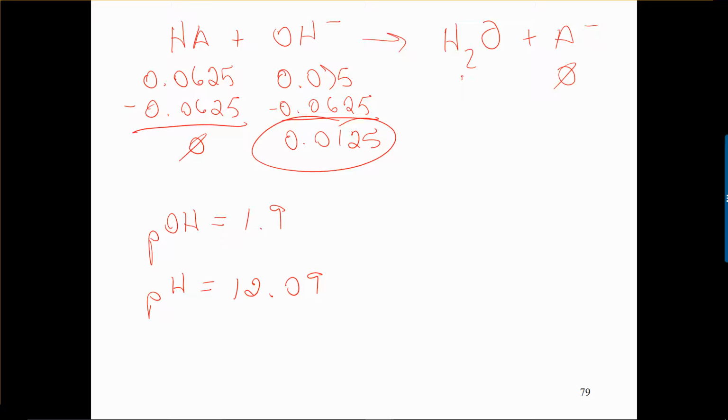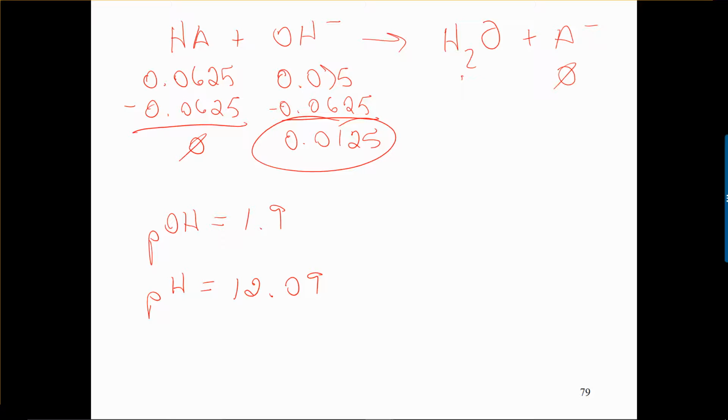Okay, so we can take a break now. Well, no, a 10-minute break. We'll come back. It's 13.02. It's negative log. So what is the POH? I took the negative log of 0.0125. Did I mess it up? It's negative log, 1.90.